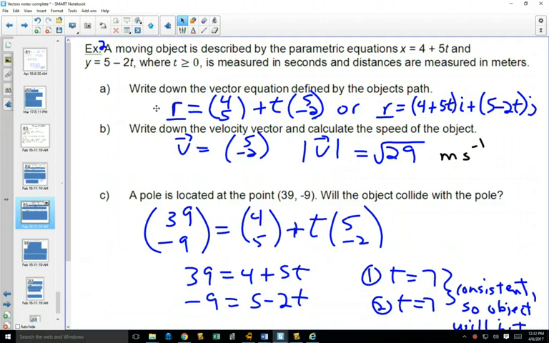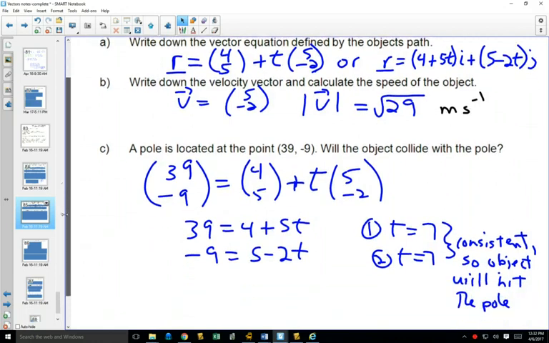When I do the same thing in the y-coordinate equation and solve for t, I get 7 again. Since those are consistent, you know that that person is going to run into that pole, and the time is going to be 7 seconds after they started.